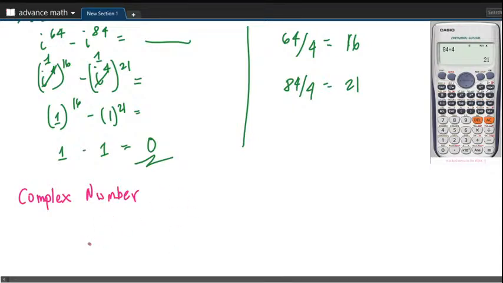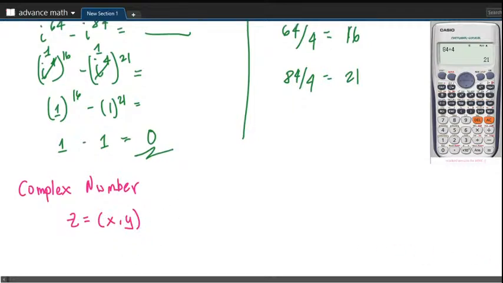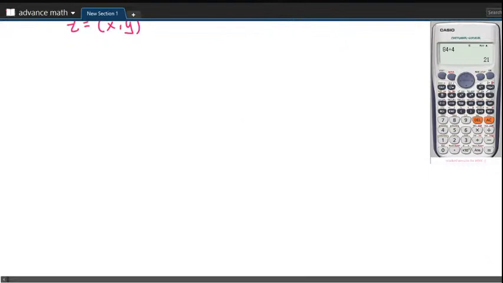The complex number is given by the notation z. So z is equal to x, y, if you are going to have this as a coordinate. Let's just move up our board here.